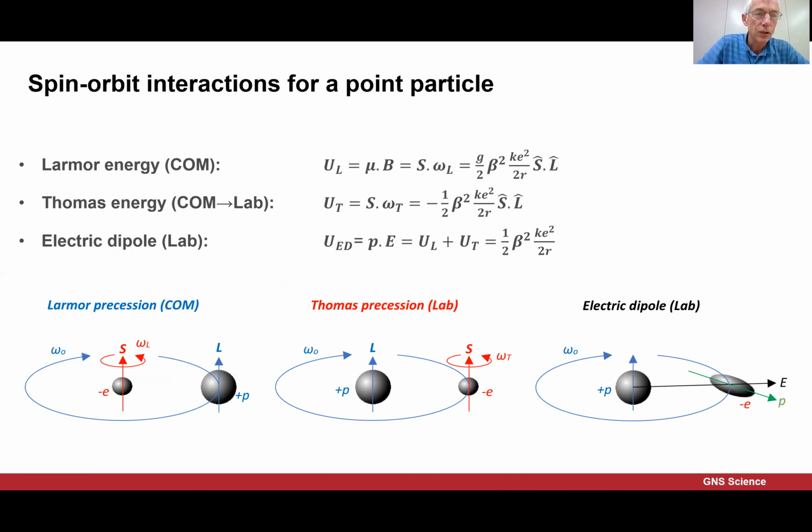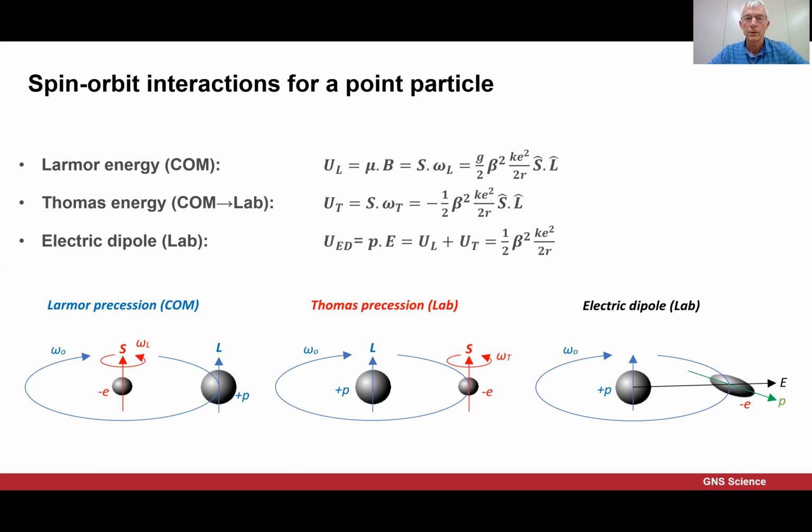So, as I mentioned earlier, we are interested in what the spin-orbit interactions are for the charge. And first of all, we'll look at what happens based on the literature for a point particle. Larmor calculated the spin-orbit interaction based on the magnetic field that the electron would see, and that's the top equation there.